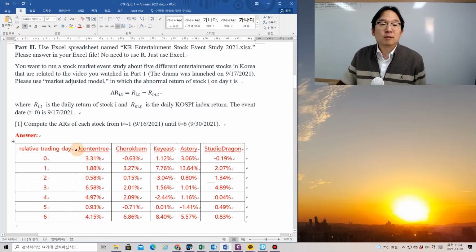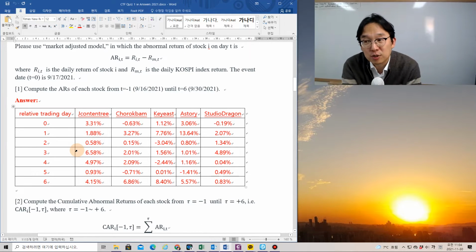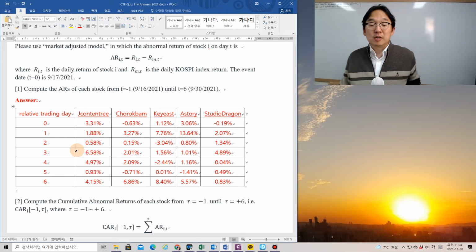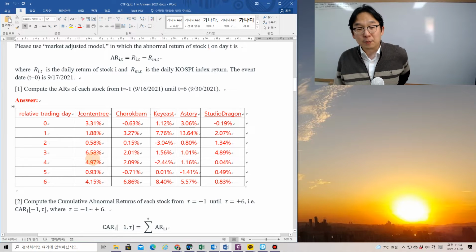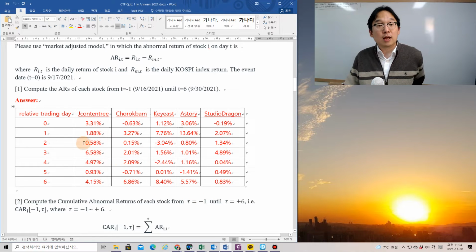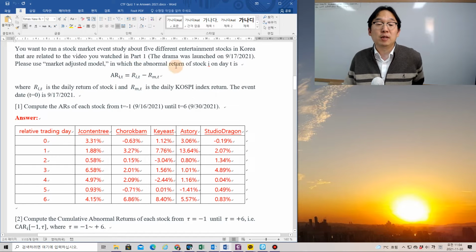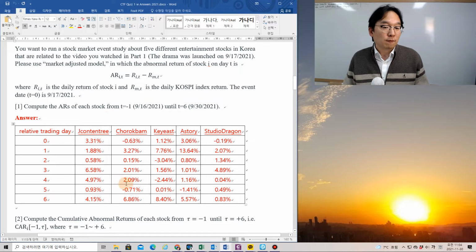And then part number 2 was about the entertainment industry associated with 오징어 Game. By the way, I made some money by investing in 이정재's company yesterday. Anyway, Studio Dragon and all these kinds of companies, compute the abnormal return. Yes, you should be able to do this given that you are my students. Please do it and follow it.